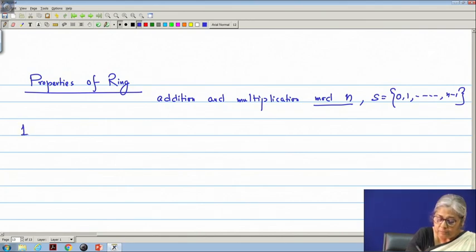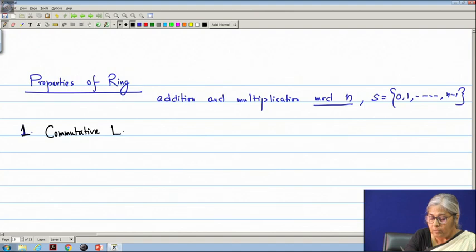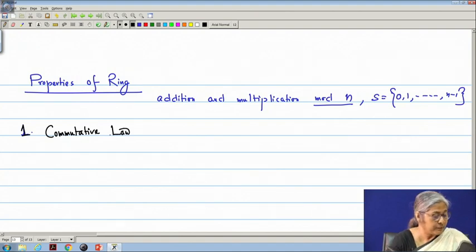The first property it holds is commutative laws. Okay. So, the properties are, I give commutative laws, both for addition and multiplication.